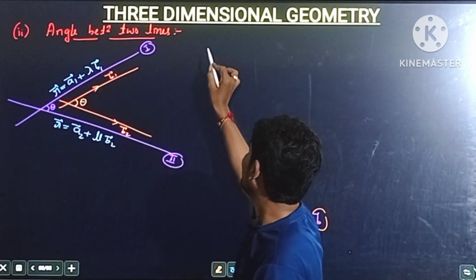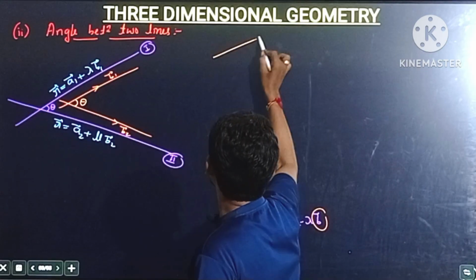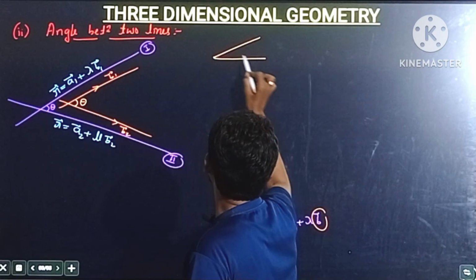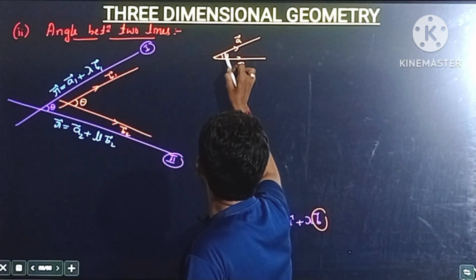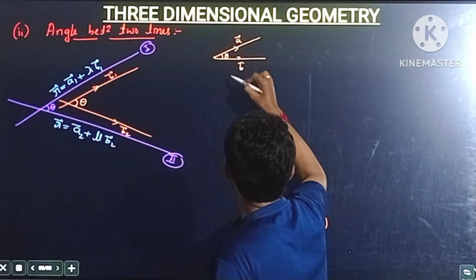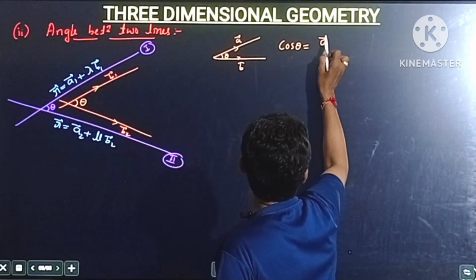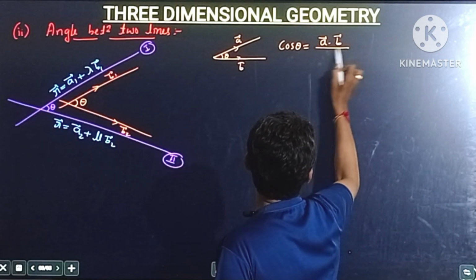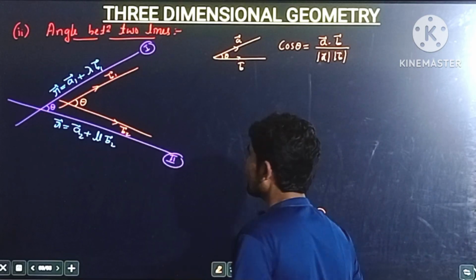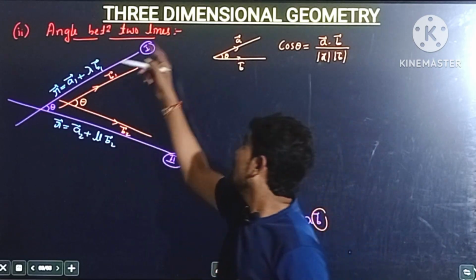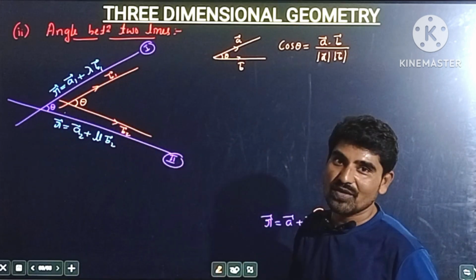And already we know that for the angle between two vectors, suppose this is a vector and this one is b vector, and theta is the angle between a vector and b vector, then cos theta is equal to a vector dot b vector divided by magnitude of a vector into magnitude of b vector. So here the angle between two lines is nothing but theta, and theta is the angle between the two vectors b1 and b2.